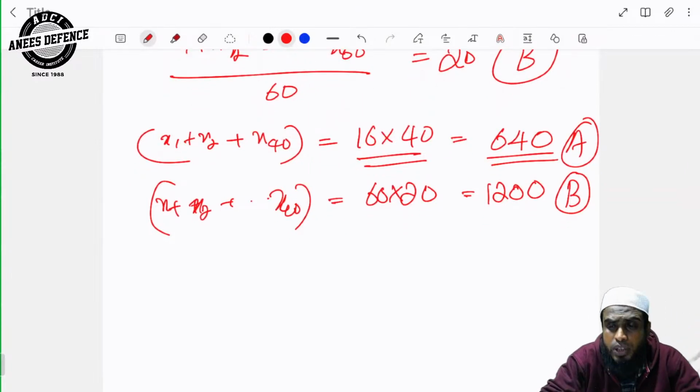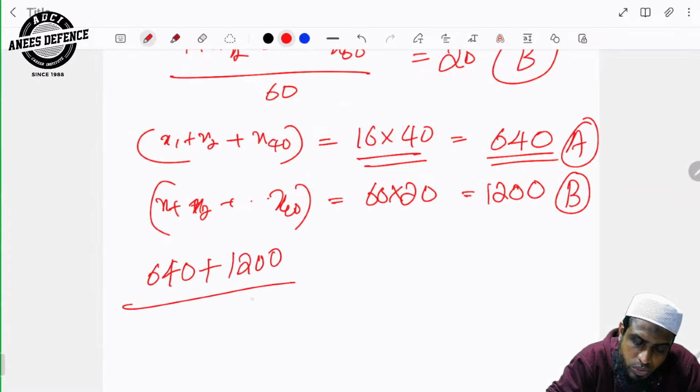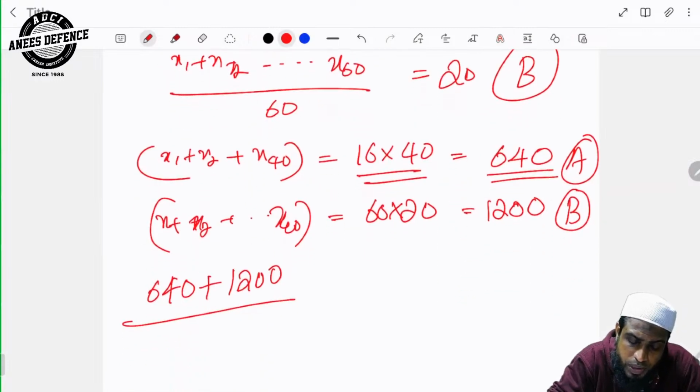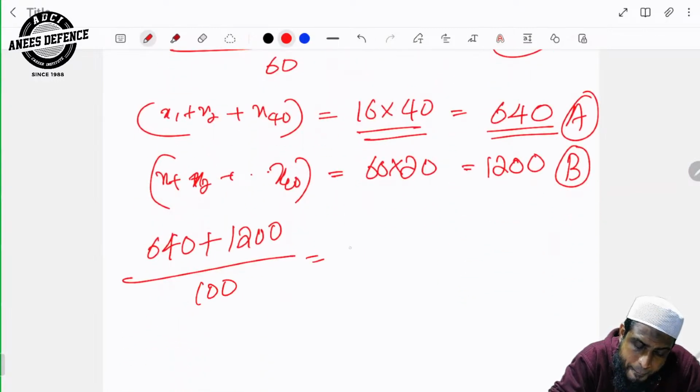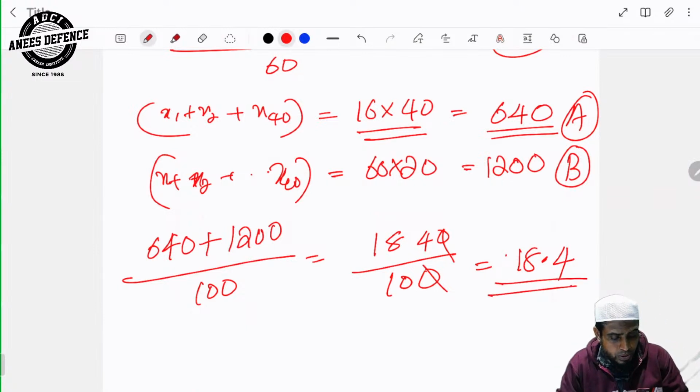The total age of both A and B will be the sum, and the total students will be 60 plus 40, 100. The answer will be 18.4. It's a simple question only.